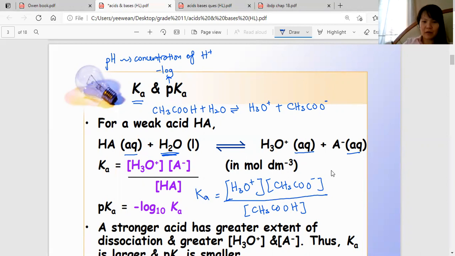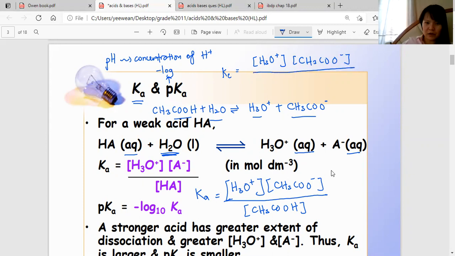Okay, if you compare this with Kc, Kc would be product over reactant, right? So I'm gonna write that: H3O+ and CH3COO- over, so we take the reactants, CH3COOH, and also water.